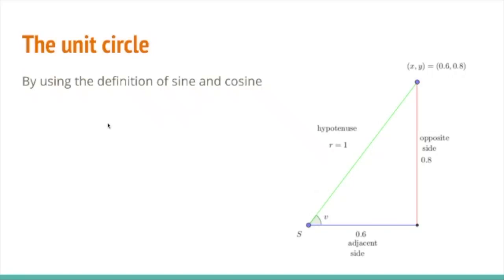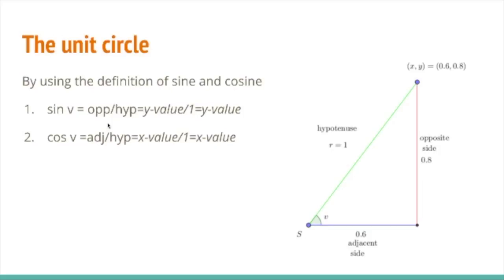Now, by using the definition of sine and cosine, we get first that sine of V is the opposite side divided by the hypotenuse. The opposite side was equal to the y value, and the hypotenuse was 1, so we get the y value divided by 1, which equals just the y value, because by dividing by 1 you simply get the numerator.